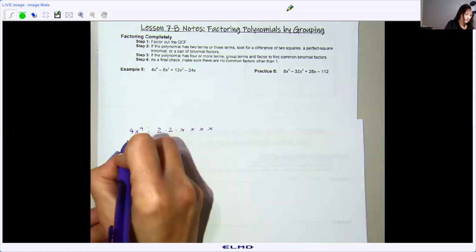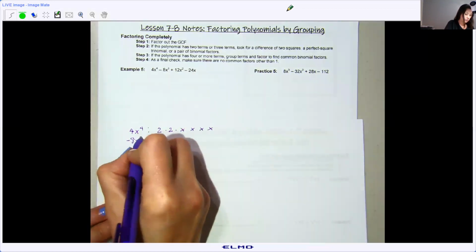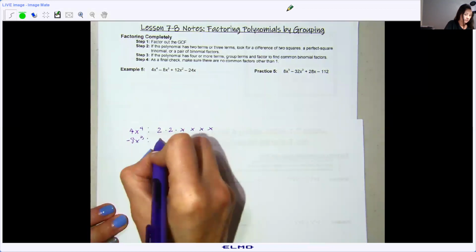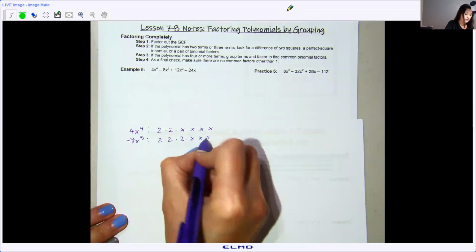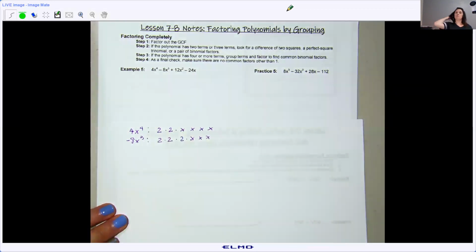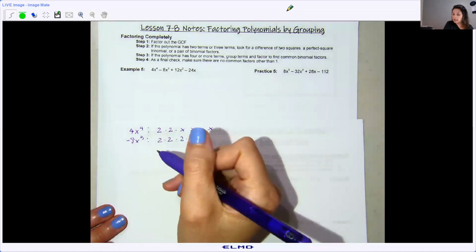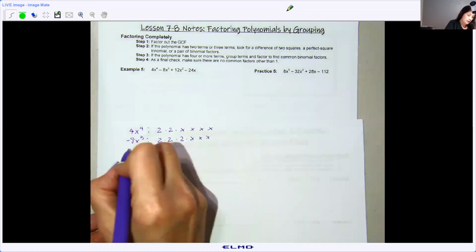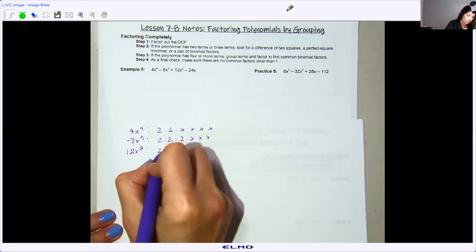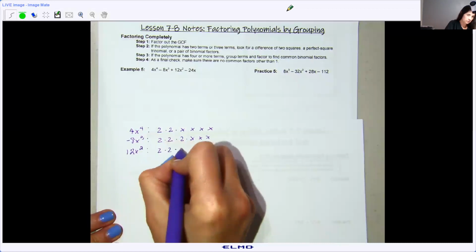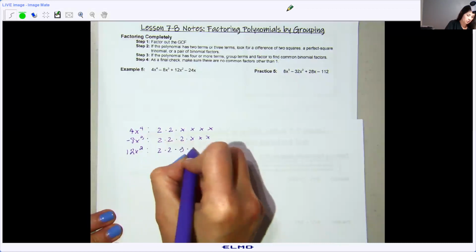Then I have -8x to the 3rd, which factors out to 2 times 2 times 2, and then 3 x's. And one of these 2's could be negative. Then I have 12x squared, which is 2 times 2 times 3, and then 2 x's.